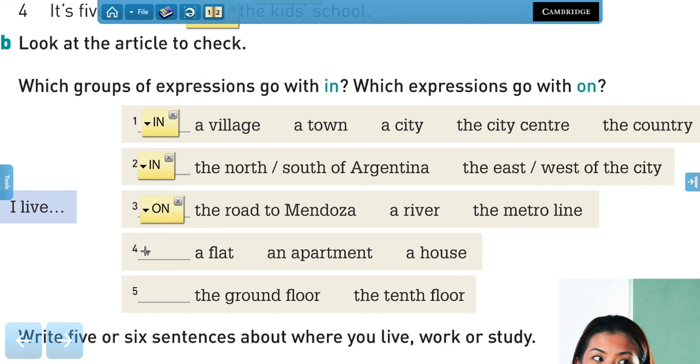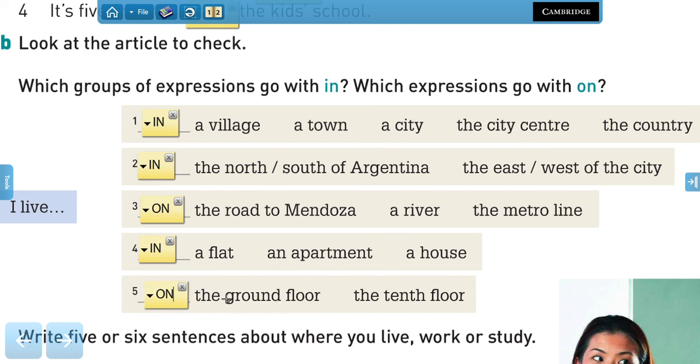For number 4, we have I live in a flat, in an apartment, or in a house. Yes, remember that flat and apartment are synonyms, right? Flat is more used in British English. And then for number 5, we're going to say again on. I live on the ground floor or on the 10th floor.